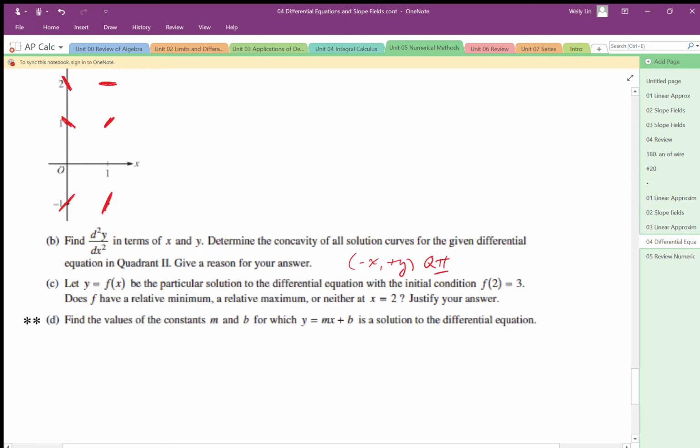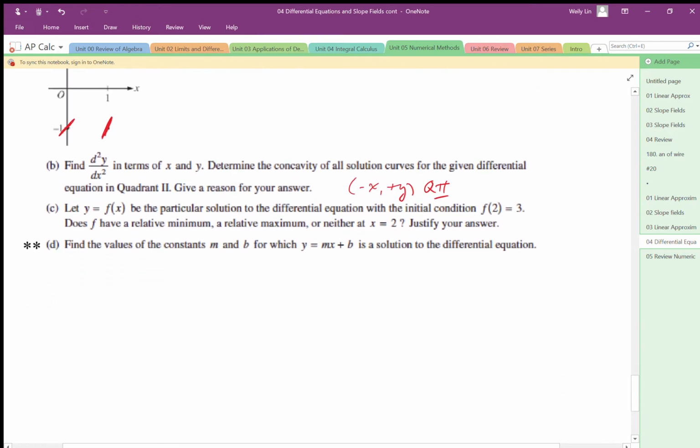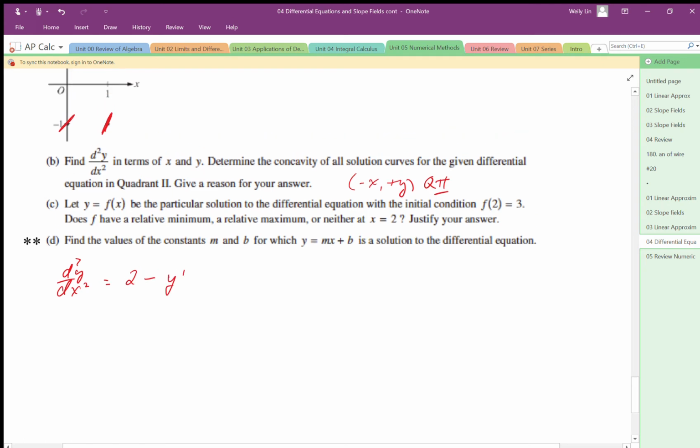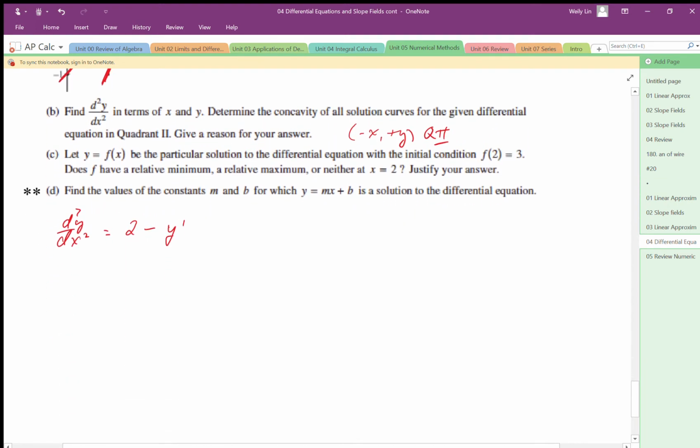For the second derivative, I take the first derivative, 2x minus y, and differentiate it. So d squared y over dx squared is the derivative of 2x minus y, so it's going to be 2 minus y prime. That's going to be my second derivative.